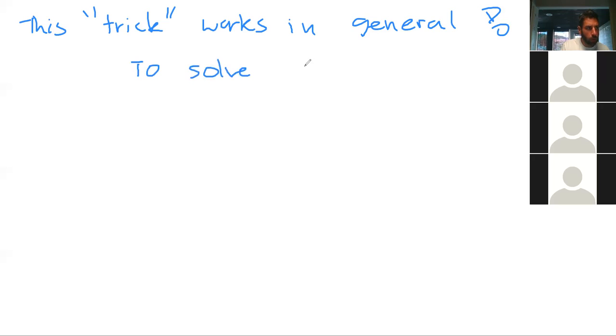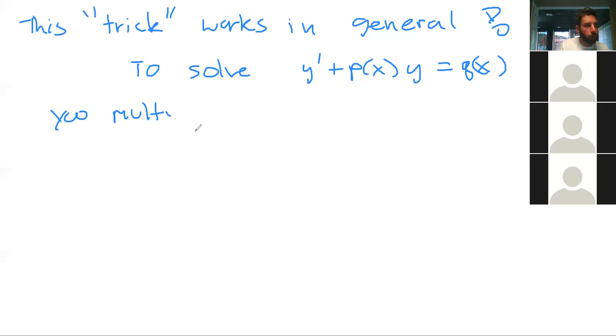If you want to solve y prime plus p of x times y equals q of x, you multiply both sides by, and this is going to look scary, e to the integral of p.